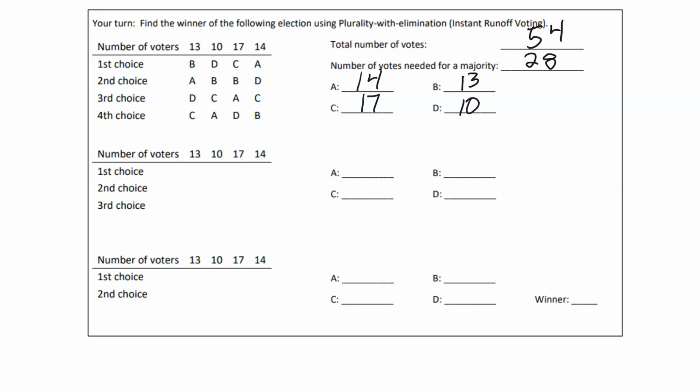The second round, 14, 17, 23, 0. The third round, 0, 23, 31, 0. For the final winner, C. All right. Hope this all makes sense.